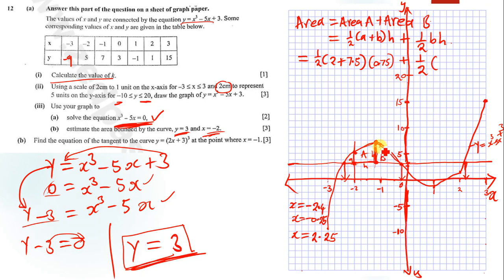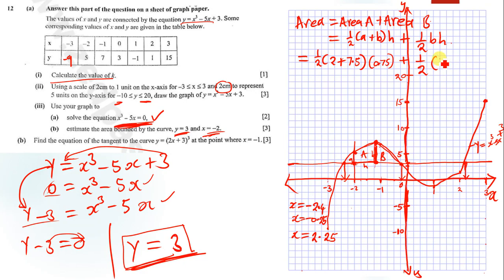But here we are using a graph paper with big boxes, so it's a bit difficult to pick out the numbers. If I get this as 0.25, this one should be -1.25. So we subtract 1.25 minus 0.25, which is just 1.